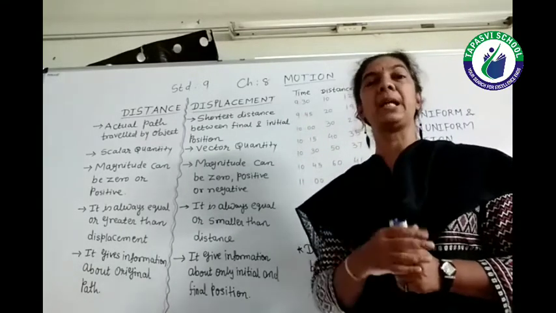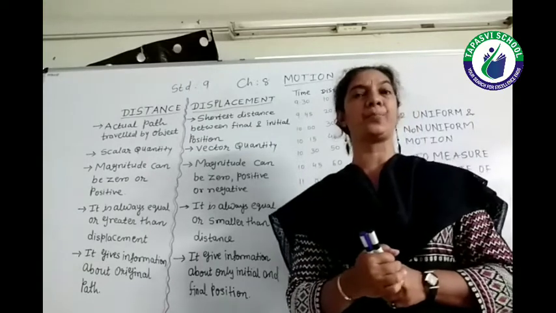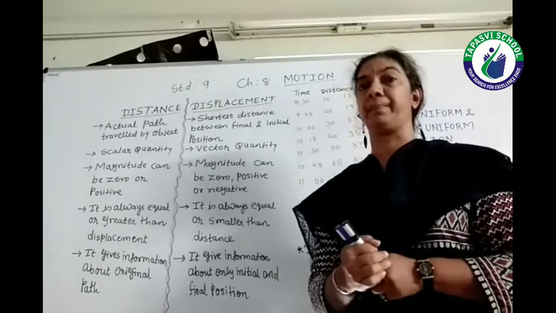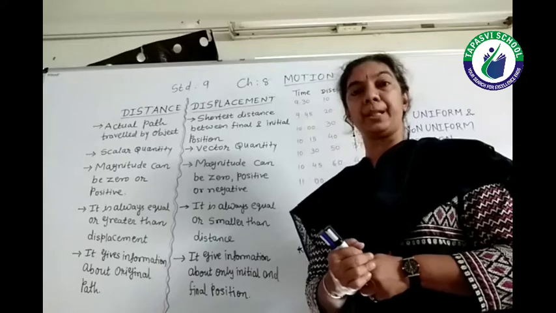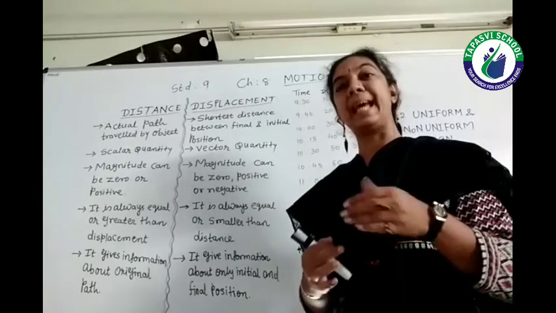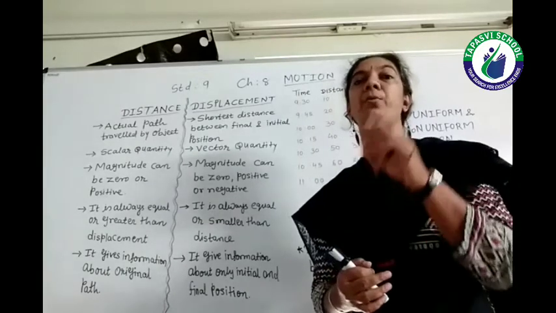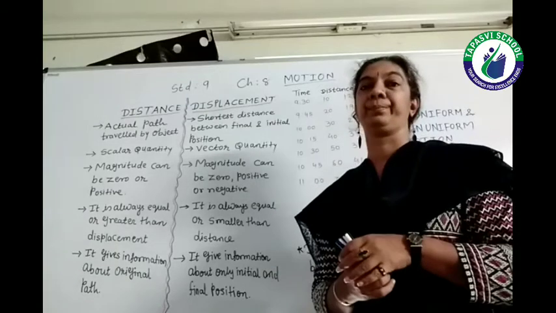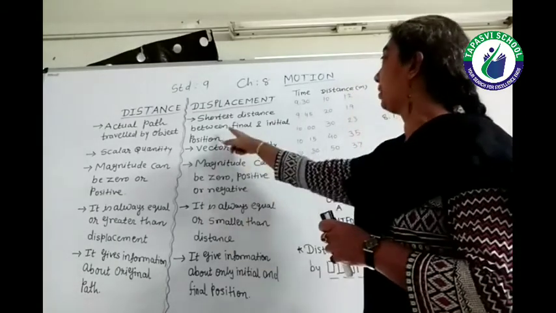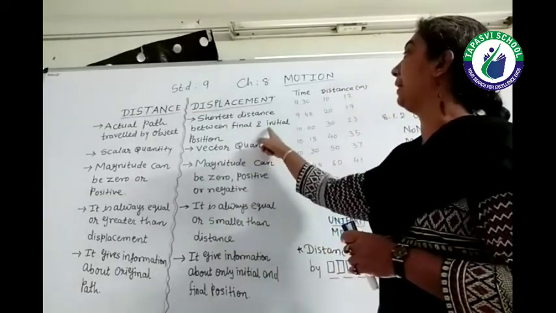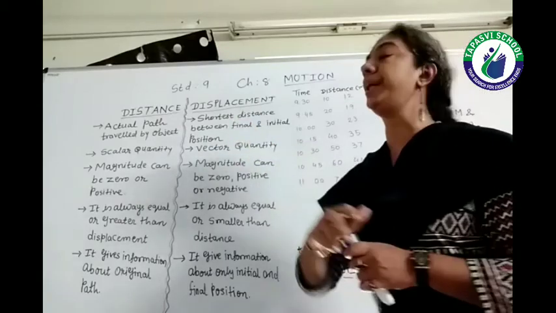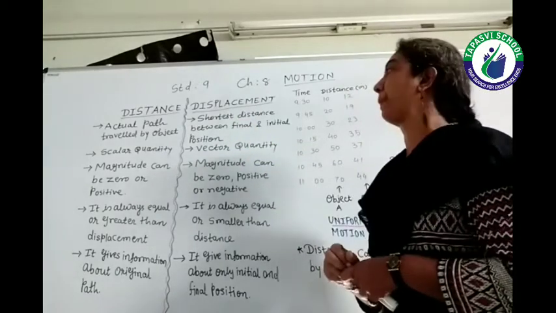So at last in our first lecture we had discussed this point, that it is possible that if an object is traveling some distance, then also displacement could be 0. So, the shortest distance between final and initial position is displacement.